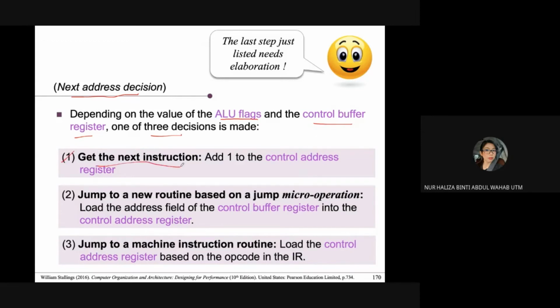First, get the next instruction, add 1 to your control address register. Second, jump to next routine based on jump micro operation, which is you're going to load the address field of your control buffer register into your control address register. And third, jump to machine instruction routine, which is you're going to load the control address register based on your opcode in your IR.